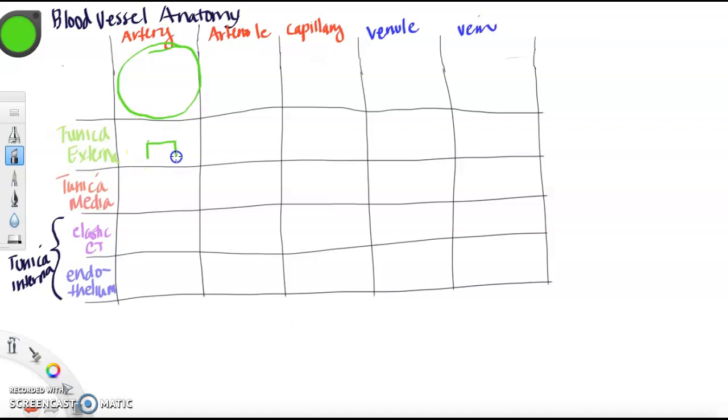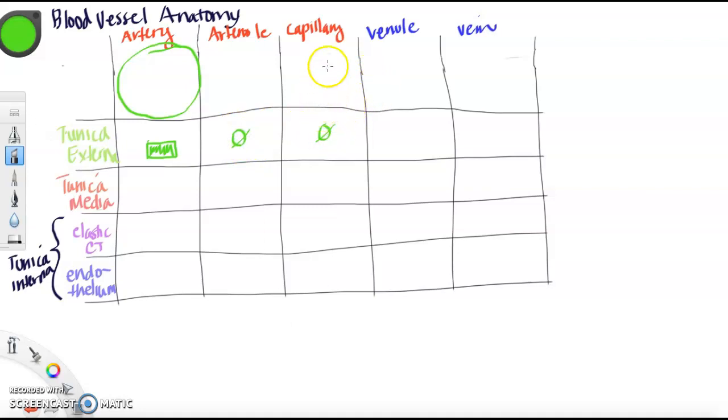So we'll say it's about that much. And arterioles? Actually, arterioles don't have a lot of that. They don't really have much of that at all. And capillaries don't have it either. So we'll just say they don't have it.